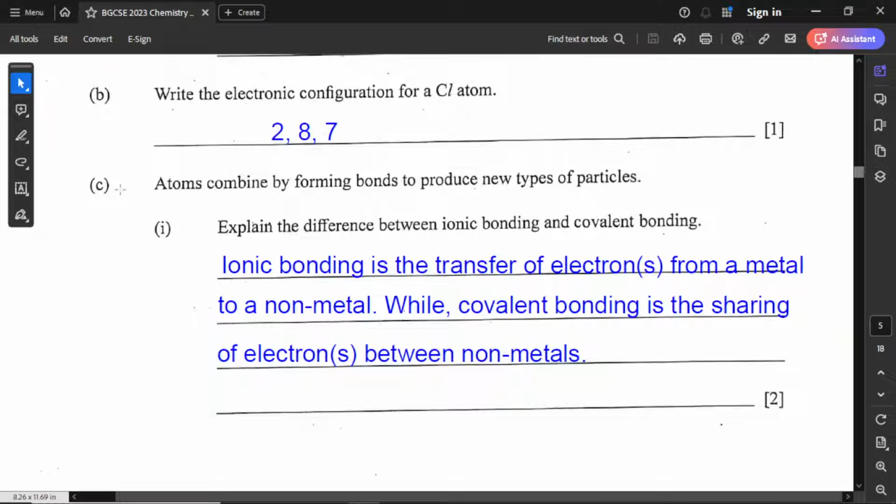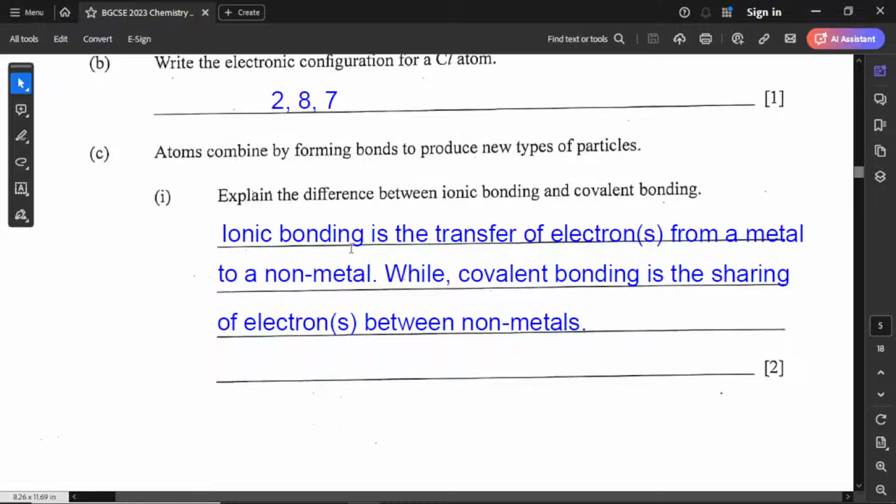For part C, the atoms combine by forming bonds to produce new types of particles. It said explain the difference between ionic bonding and covalent bonding. In ionic bonding, there is a transfer of electron or electrons from a metal to a non-metal, while for covalent bonding, it is the sharing of electron or electrons between non-metals.